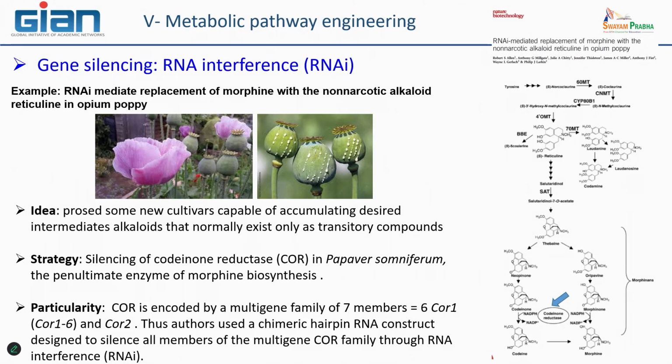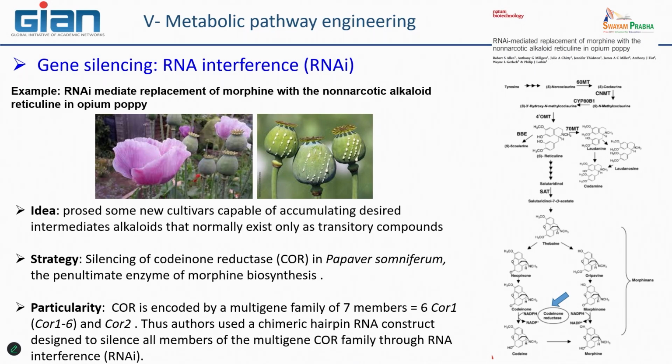So the idea was that we can generate new cultivars able to accumulate the intermediates of this metabolic pathway, in order to have access to a higher amount of these intermediates instead of the final molecule.